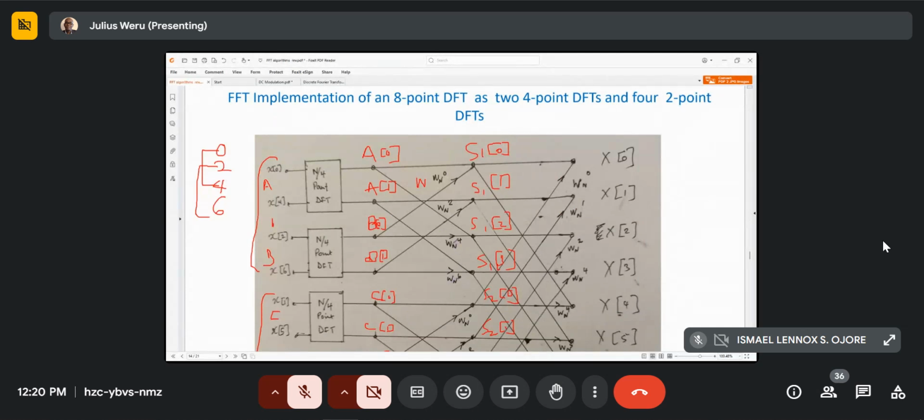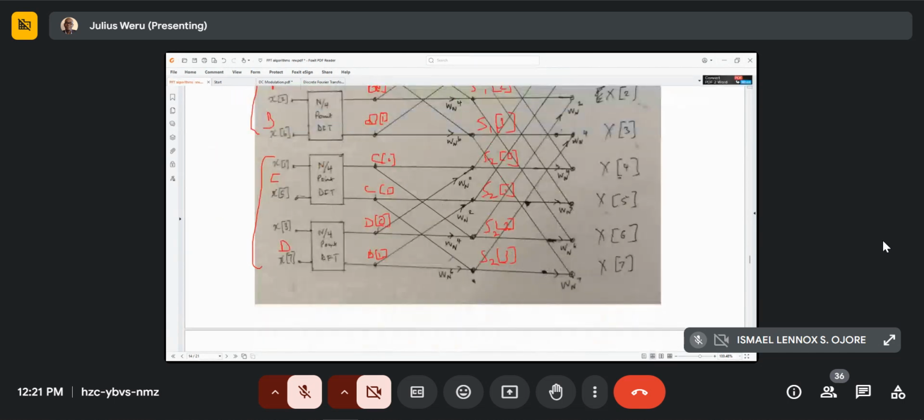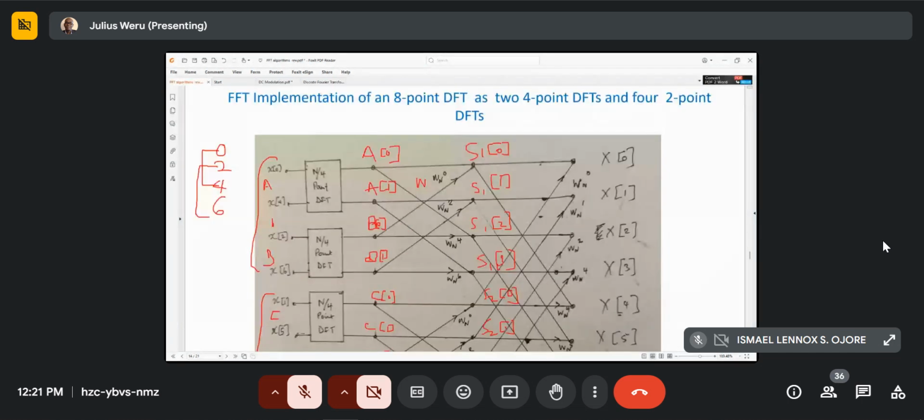If you use WN over 2, which is 4, of course, it goes 0, 1, 2, 3. So I hope now we can see how you are getting this, and that's why you are doing this butterfly like that.